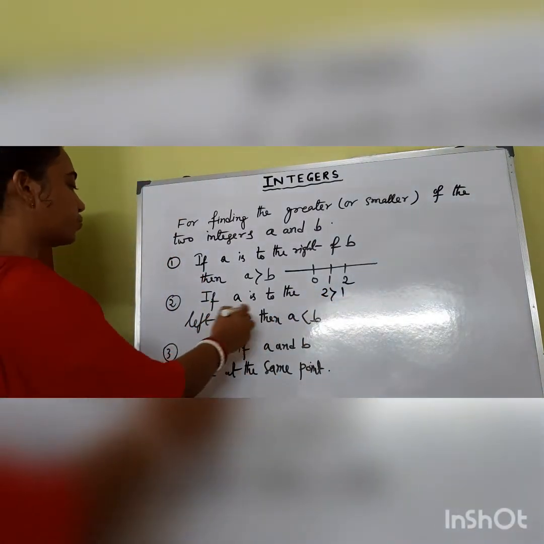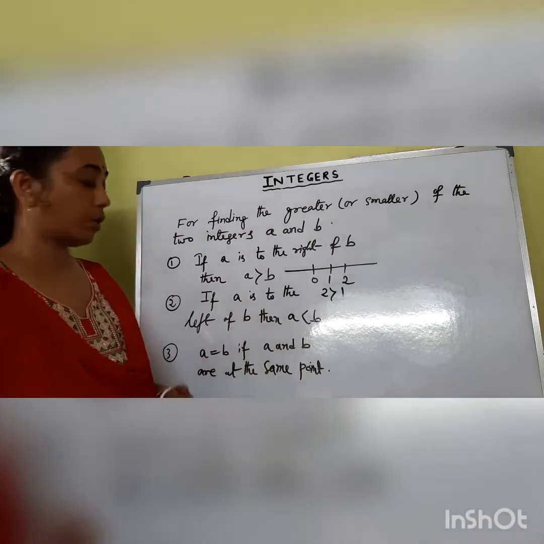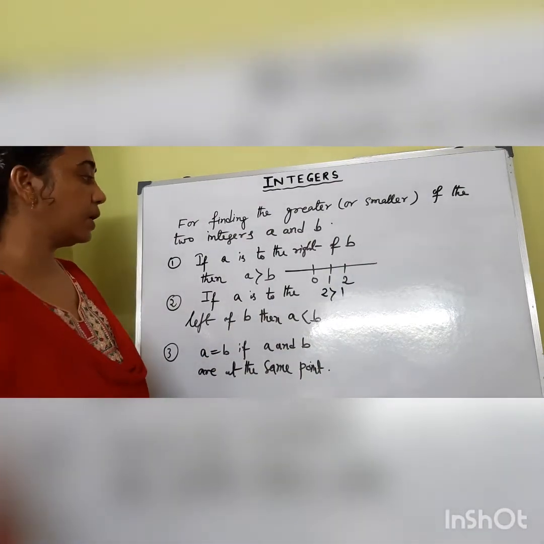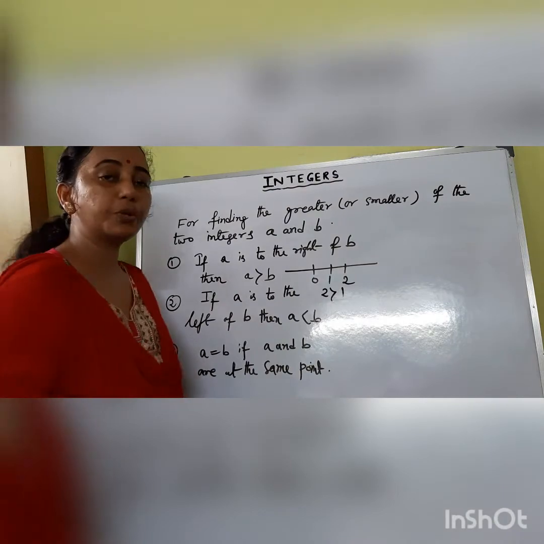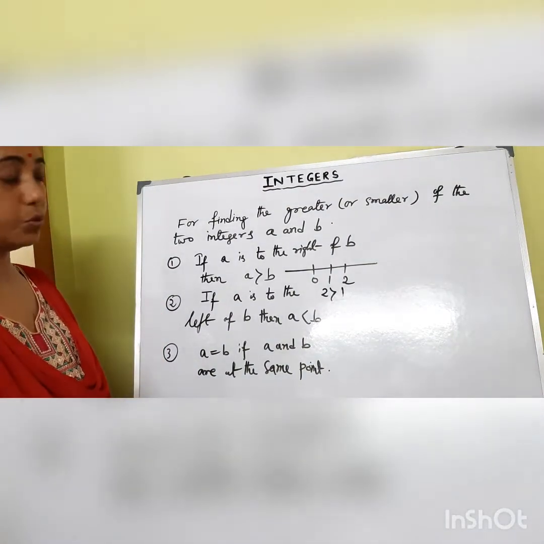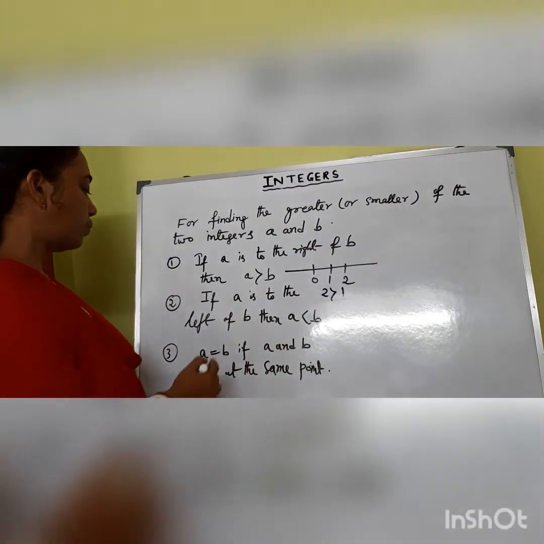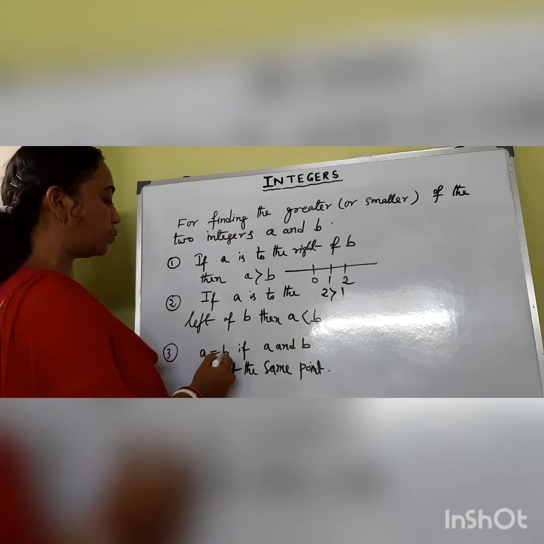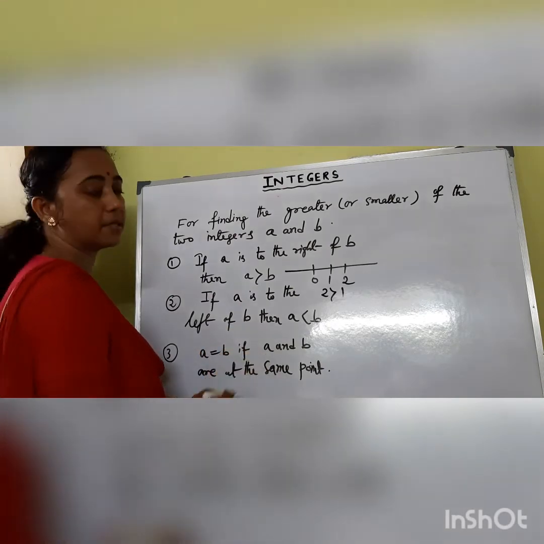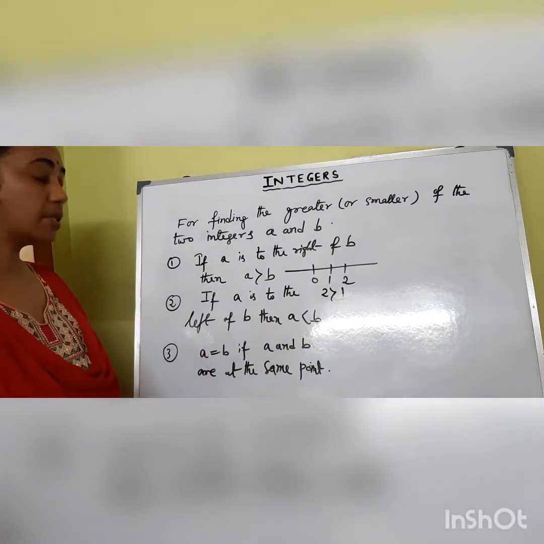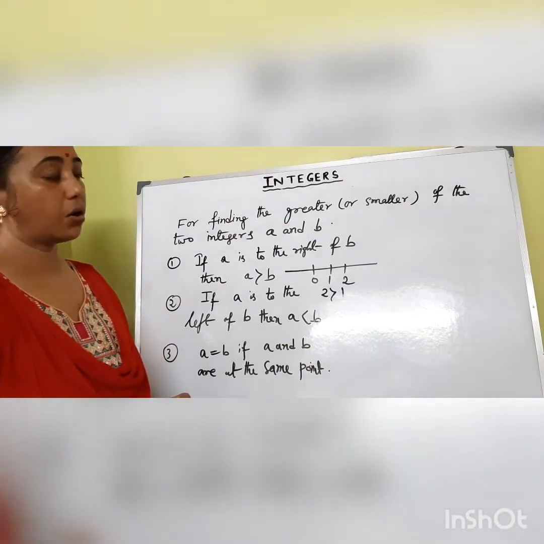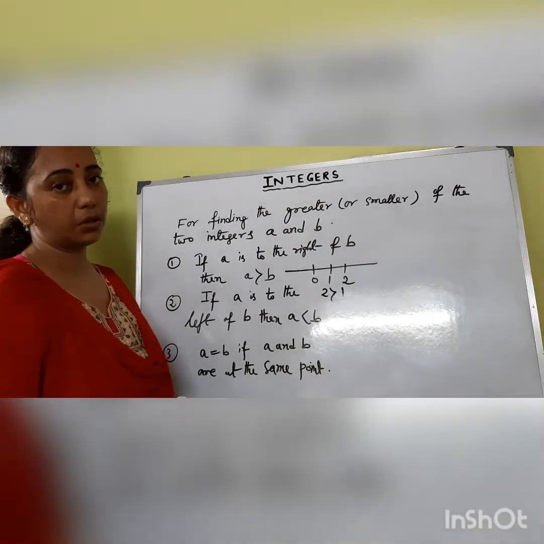Similarly, if a is to the left of b on the number line, then a is less than b. So here 1 is less than 2 because 1 is to the left side of 2 on the number line. Now, a equal to b means a and b are at the same point. So, two integers are said to be equal if they are lying on the same point on the number line.